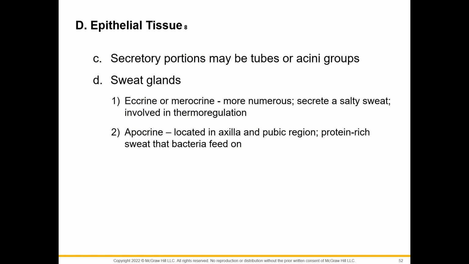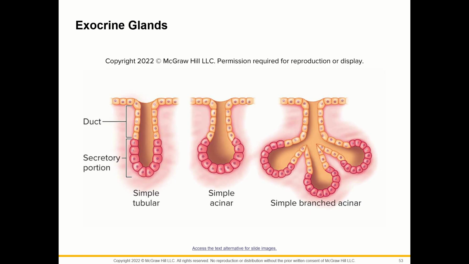Apocrine are located in the axilla or armpits and your pubic region, and they produce a protein-rich sweat that bacteria feed on, and that's not the only reason for those sweat secretions. The apocrine secretions are for pheromones, and they start to turn on during puberty, which can tell you a lot about the way you start feeling at puberty and the way you start smelling, because as the apocrine secretions are eaten by bacteria, they start to smell.